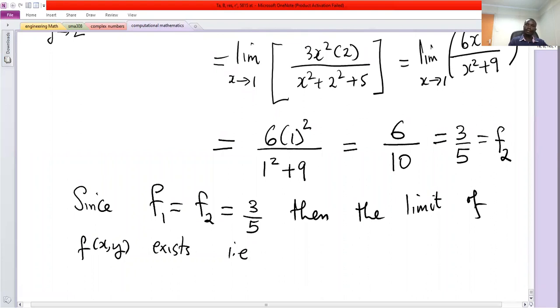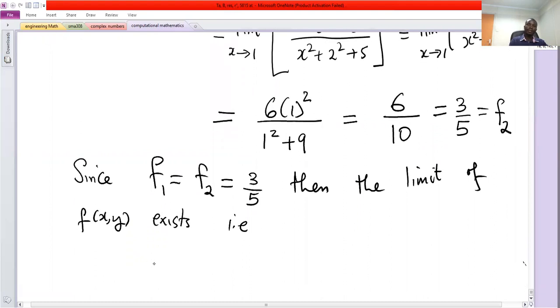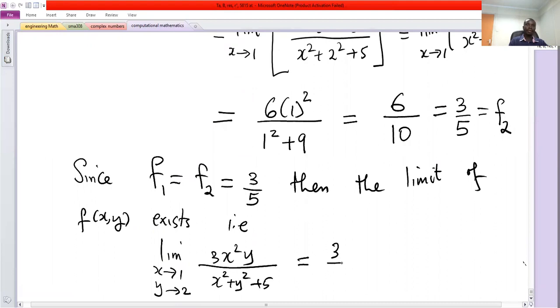That is, the limit as x approaches 1, y approaches 2 of the function 3x squared y divided by x squared plus y squared plus 5 is equal to 3 over 5.